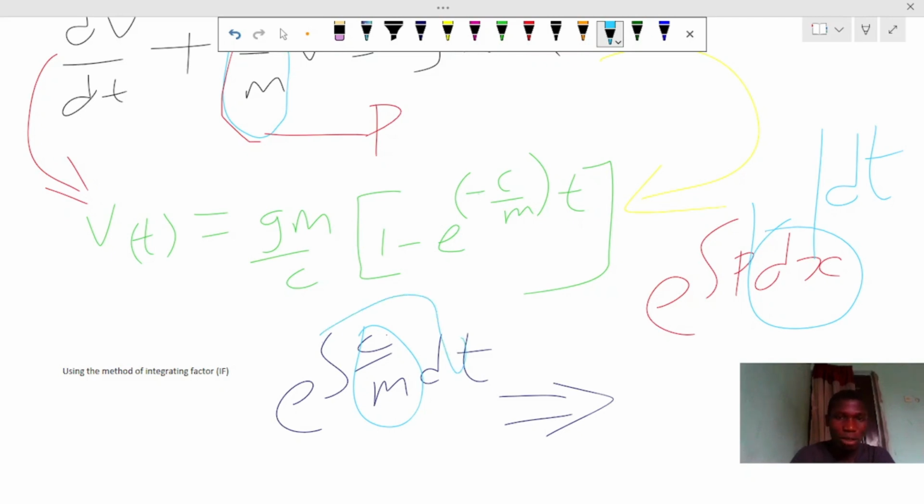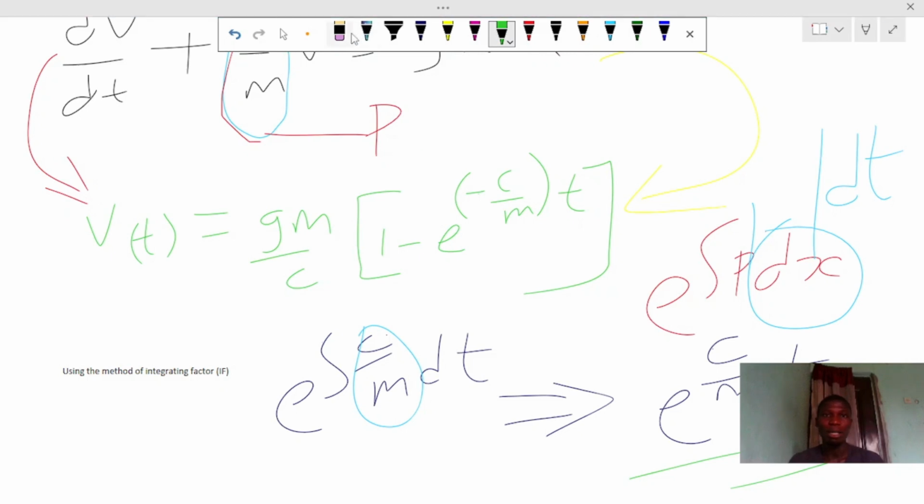The integral of dt will give you t. That means we'll now have e raised to the power c over m t. So this is our integrating factor. That's our integrating factor.